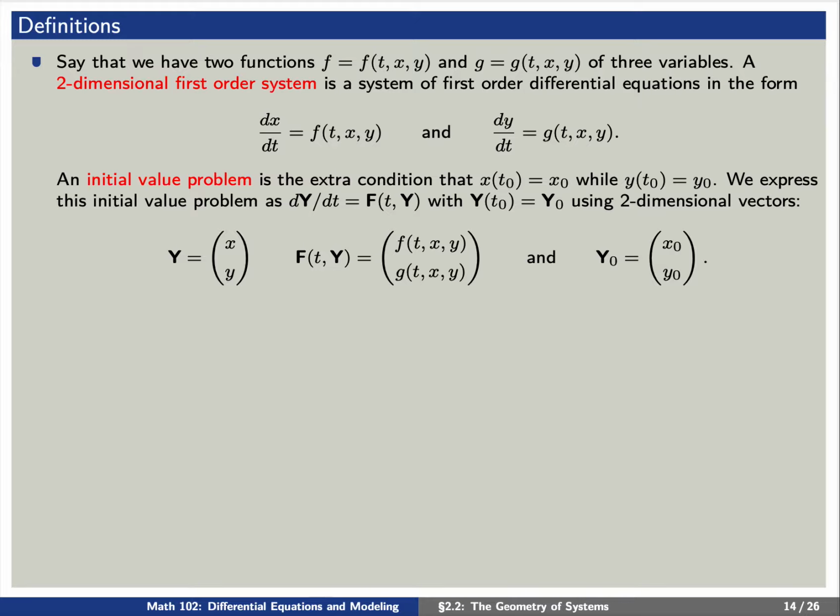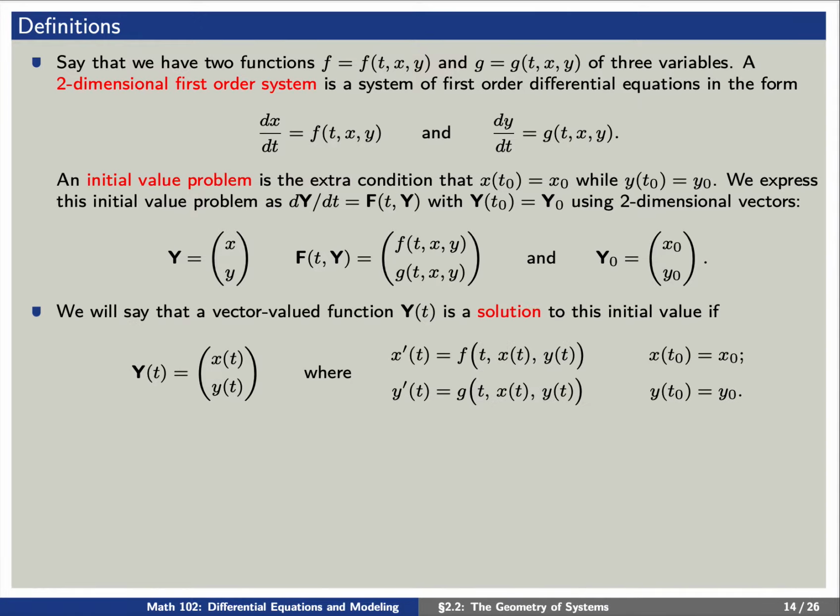Capital Y is (x, y), capital F is (lowercase f, lowercase g), and capital Y0 is (x0, y0). We'll say that a vector valued function capital Y of t is a solution to this initial value problem if capital Y of t equals (x of t, y of t), where x and y are functions that satisfy the equations you see on your screen.